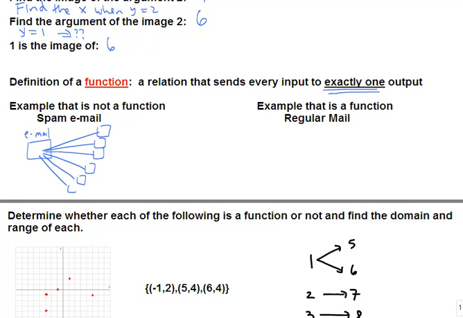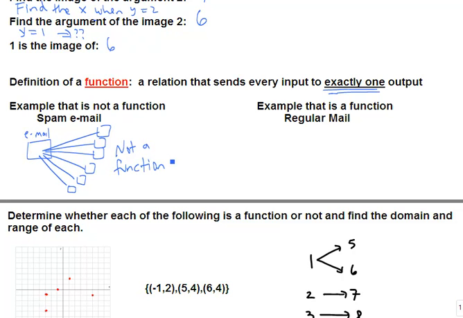That's exactly what we don't want to happen, because in a function, every input needs to get sent to exactly one output only. So for every x, there should be only one y coming out of it. You don't want to see these multiple arrows coming out of your inputs. So this is not a function.